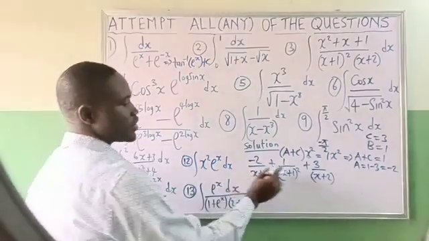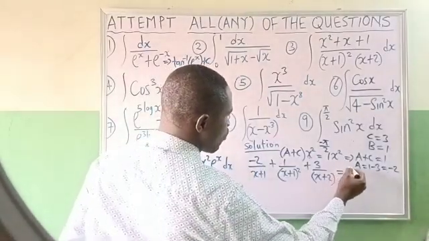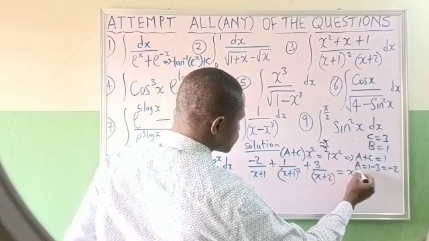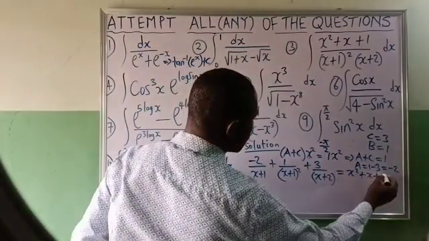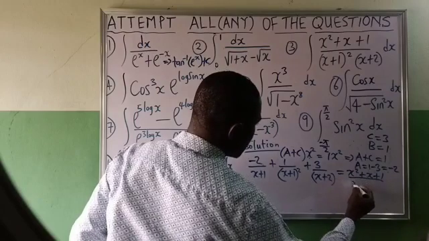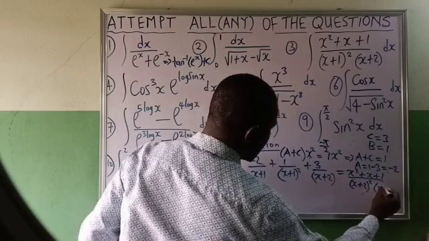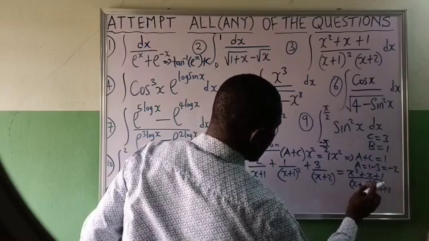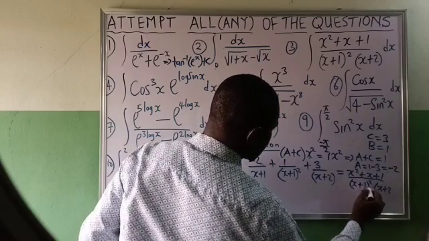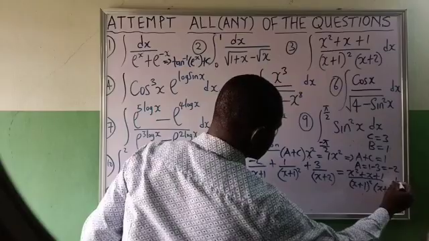So we have resolved this and we say it is equal to x squared plus x plus 1 all over x plus 1 all squared bracket x plus 2, dx.